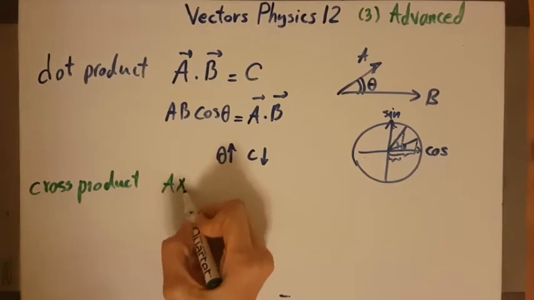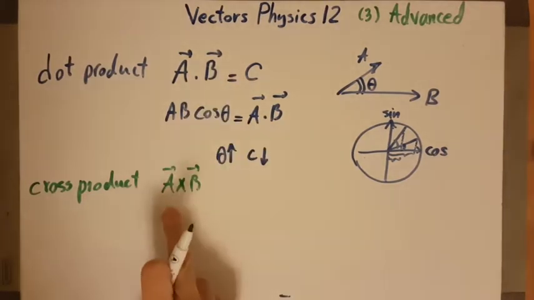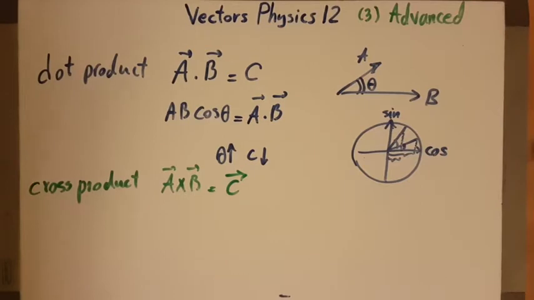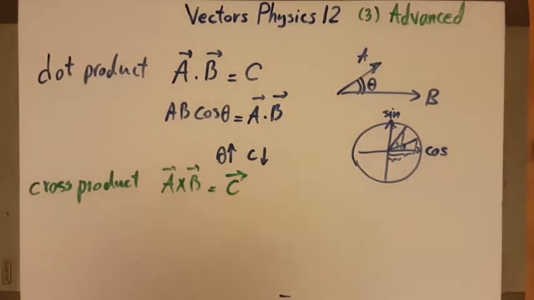You write it like this. This is the dot product, this is the cross product. The result is a vector, and the direction that this vector shows is very interesting. The direction of this vector is out of the surface of A and B.